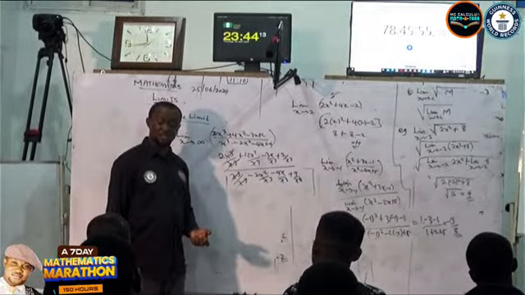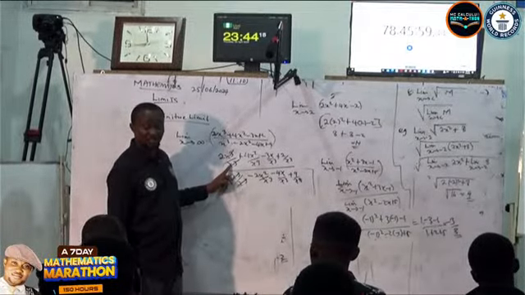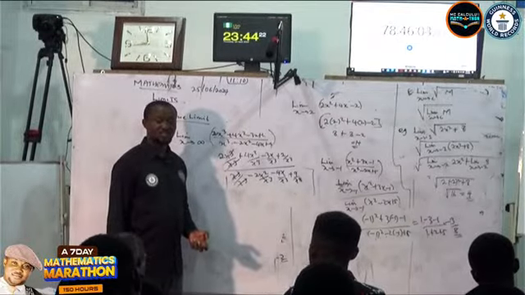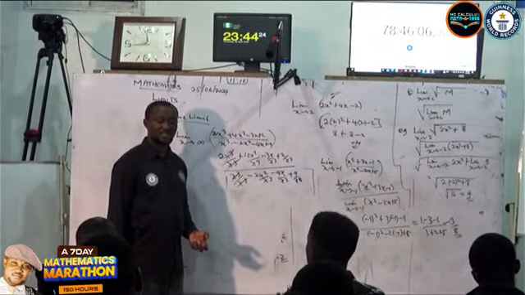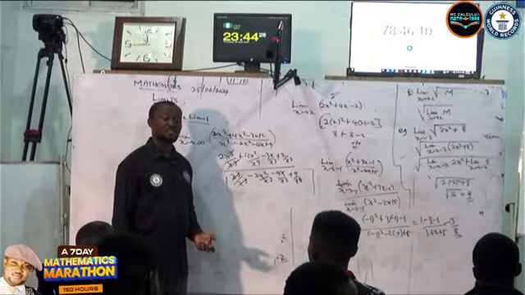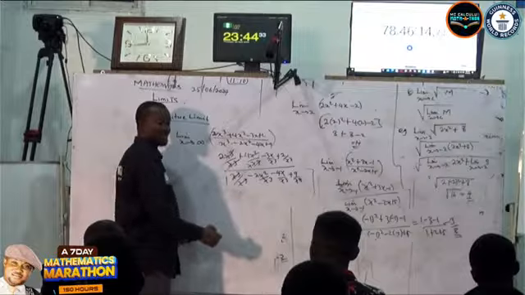The highest power was here, with the same value down. So this cancels this, 1 remains.